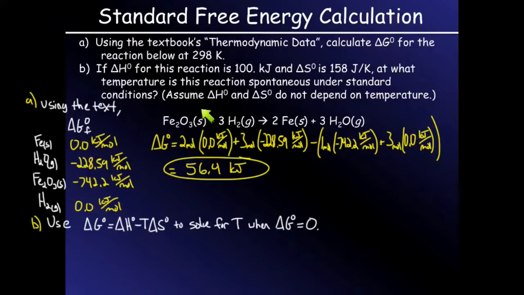And we are told here that the delta H value is positive 100 and the delta S value is positive 158 joules per Kelvin. Because they are both positive, the spontaneity of this reaction becomes temperature dependent.